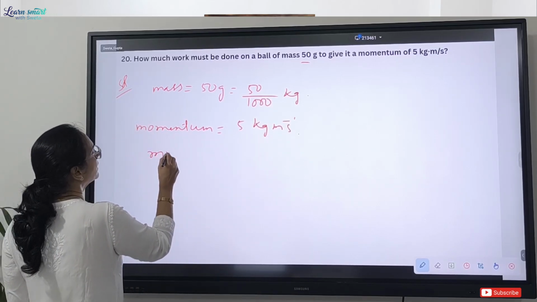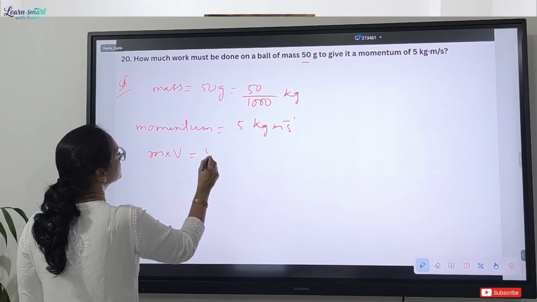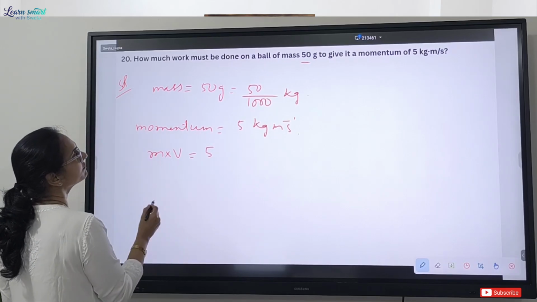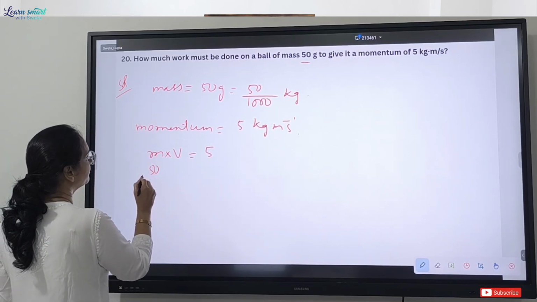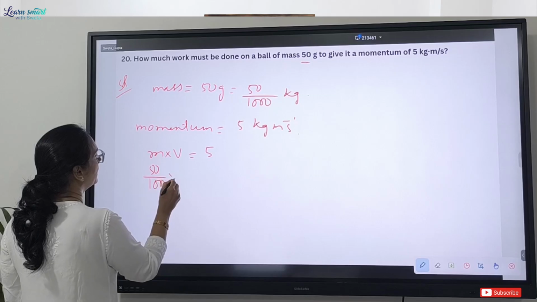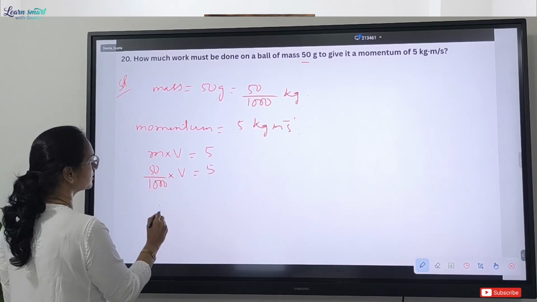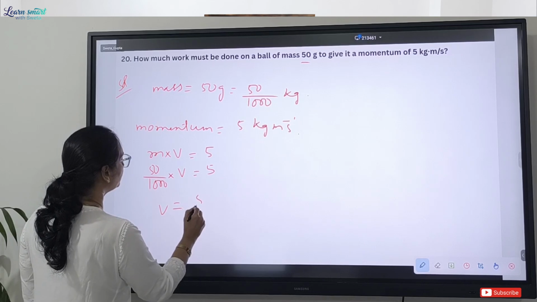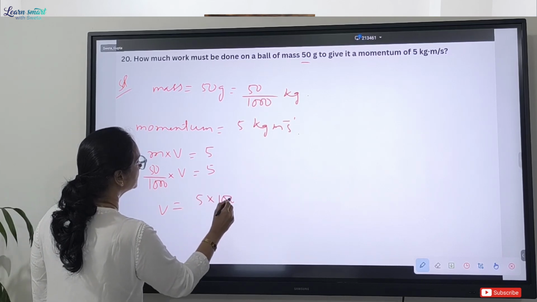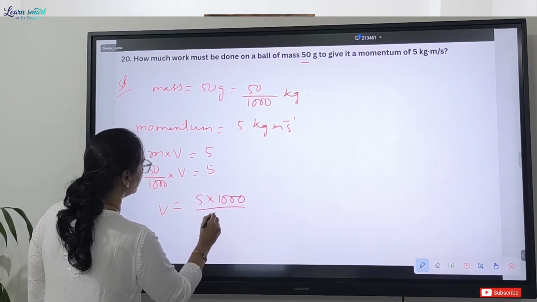Momentum is mass into velocity. So mass into velocity is 5. Mass is 50 gram, that is 50 upon 1000 kg, into velocity is equal to 5. From here we have to get velocity. So velocity will be 5 into 1000 upon 50.